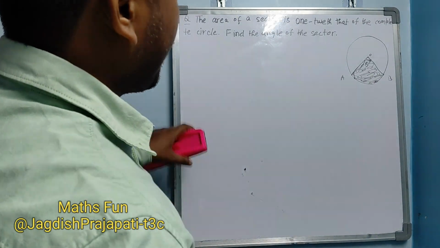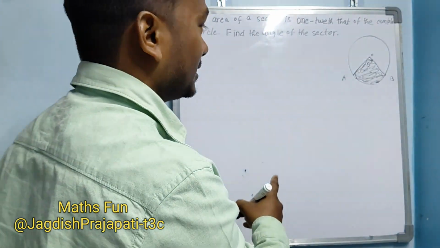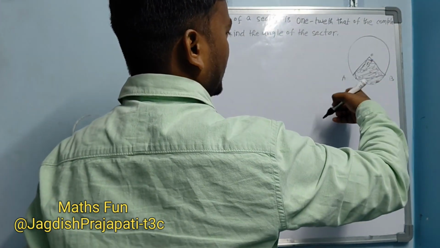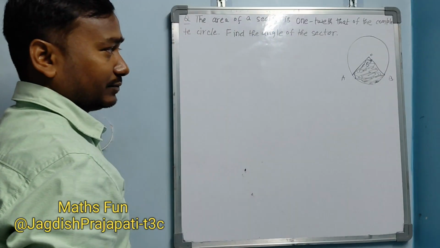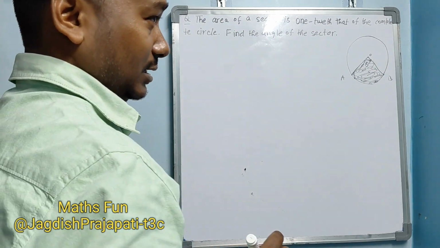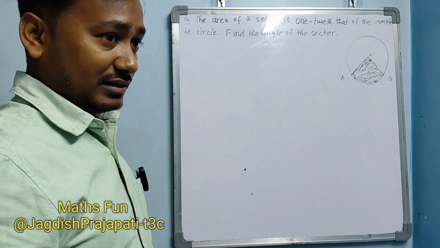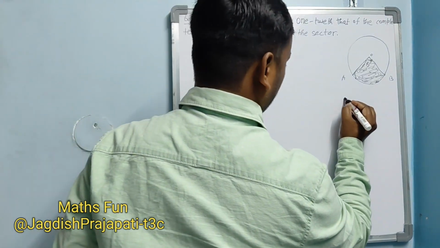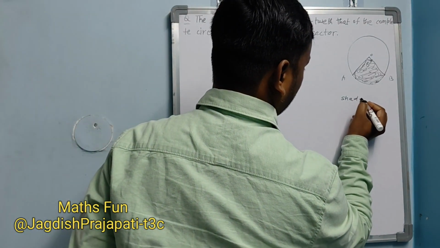The area of the sector OAB, inside bracket you can write down shaded region, shaded region.